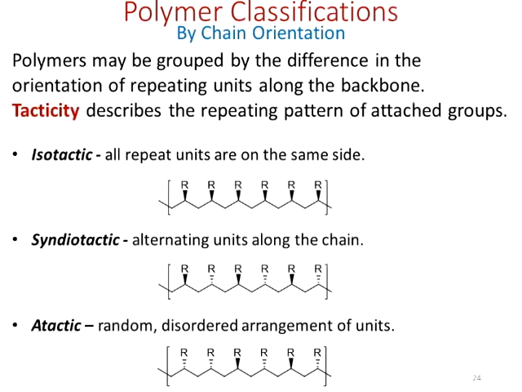Isotactic: all the units on one side. Syndiotactic: ordered, alternating. Random would be atactic, where there's no particular order to the units. So that's one way to classify polymers: by the tacticity.